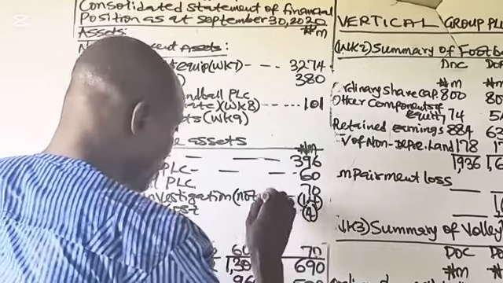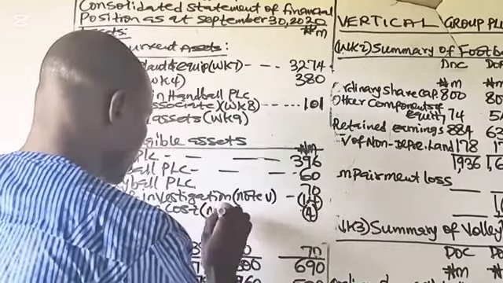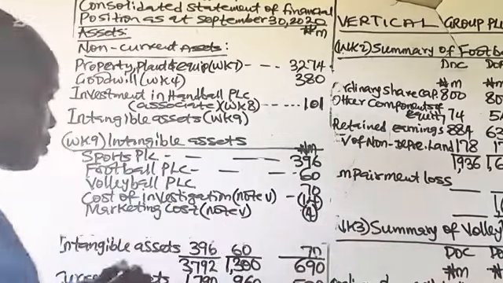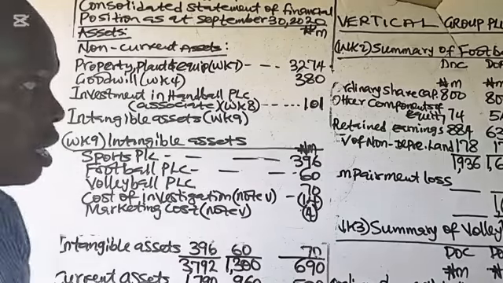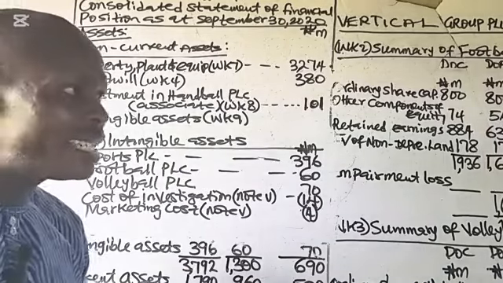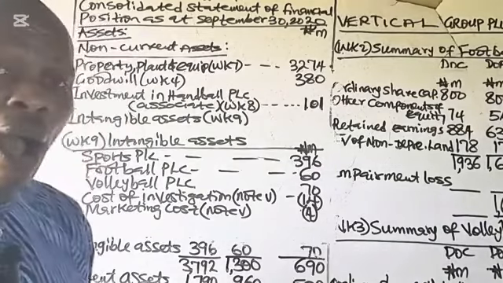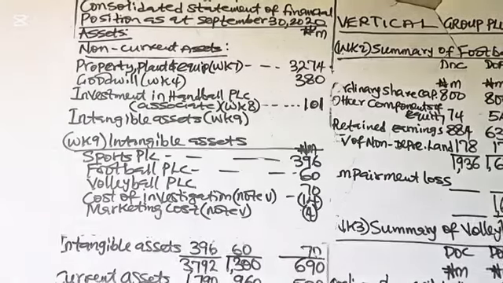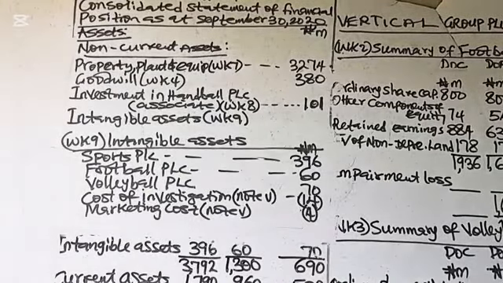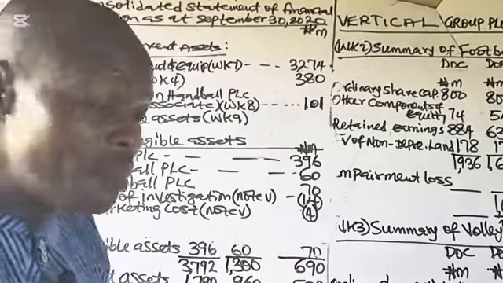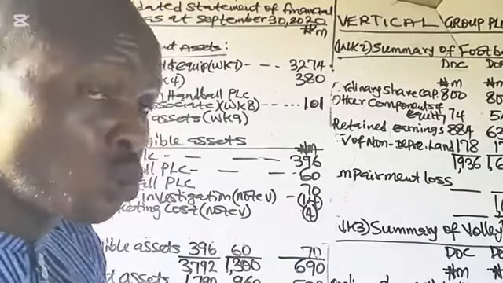Note 5. Now, remember we've calculated the impairment loss. And we got 100 million as impairment loss. And of that 100 million, we share it between Goodwill and the other assets.